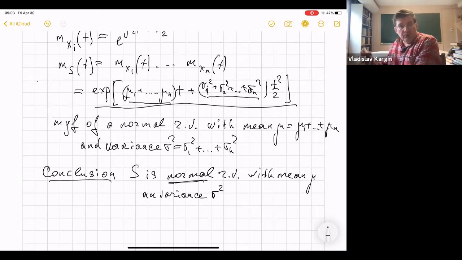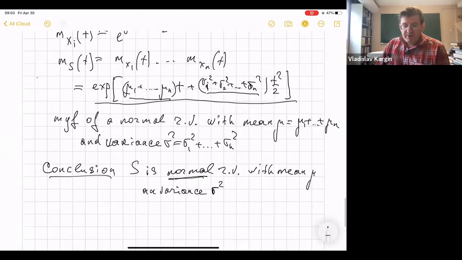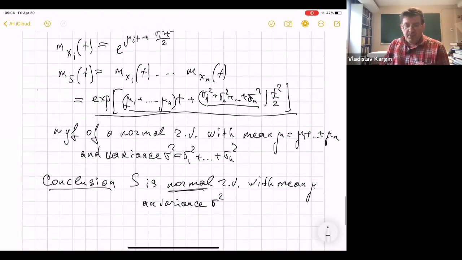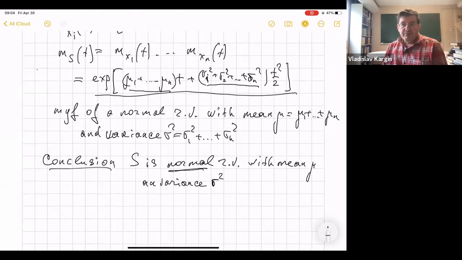It can be proved, but you need to look at the probability density method or a more sophisticated method. Here we just consider sums of independent normal random variables, and this is probably the most important application of this method.